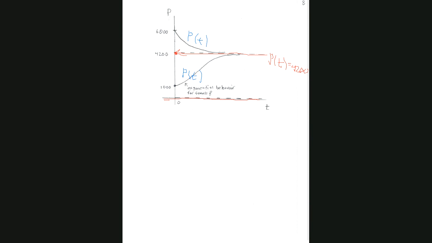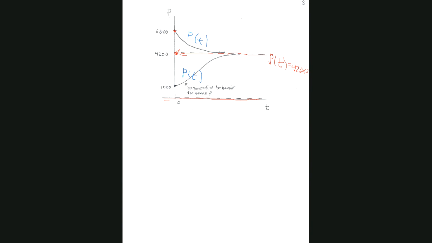But what if the initial population of the deer were 6,000? Well, look at what happens to the population. The population of deer is decreasing, and it's decreasing to what value?